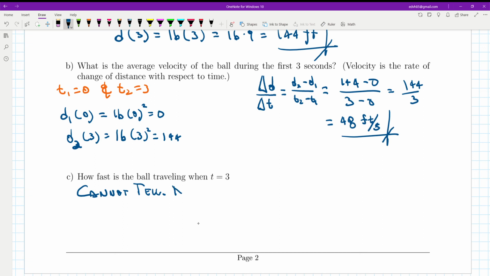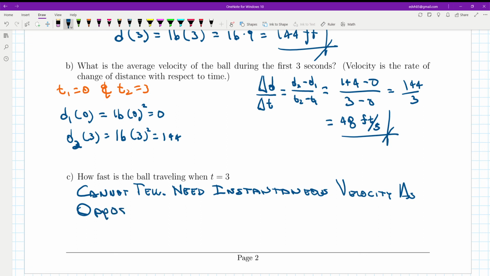We need the instantaneous velocity as opposed to average velocity.